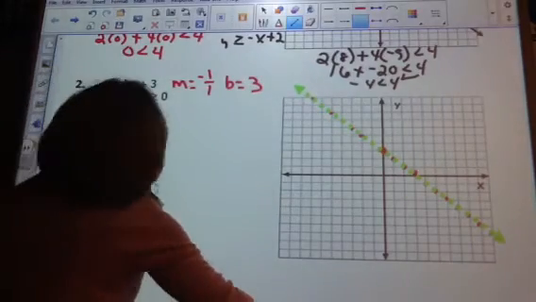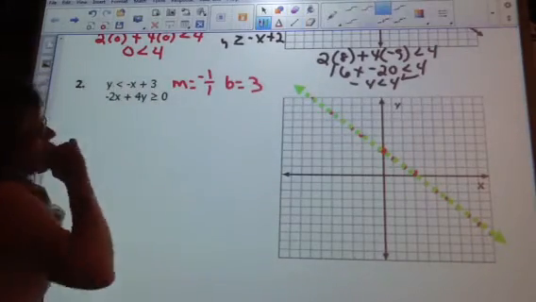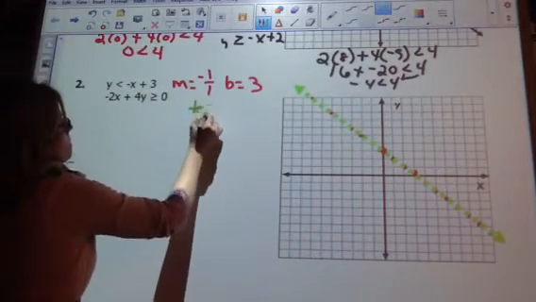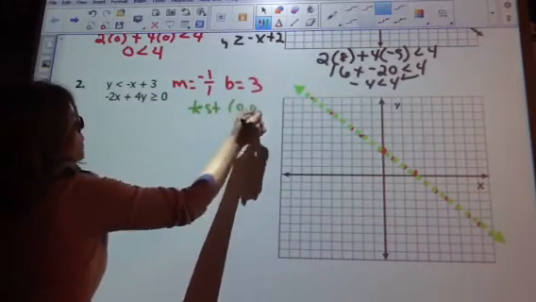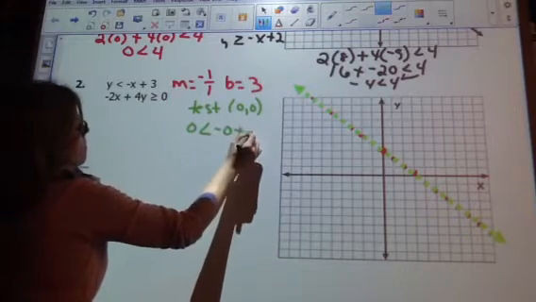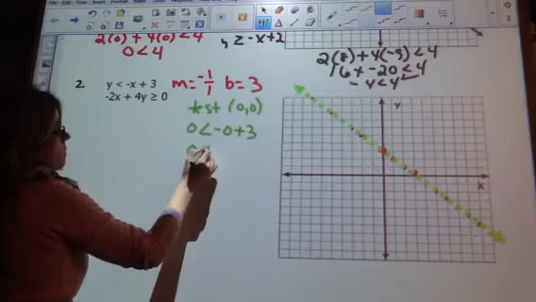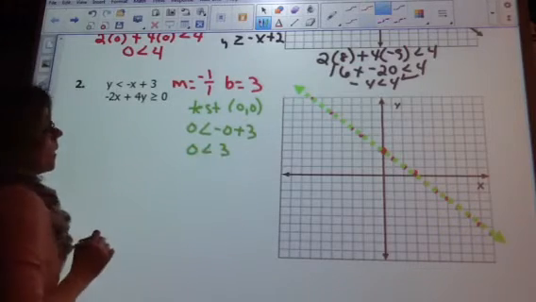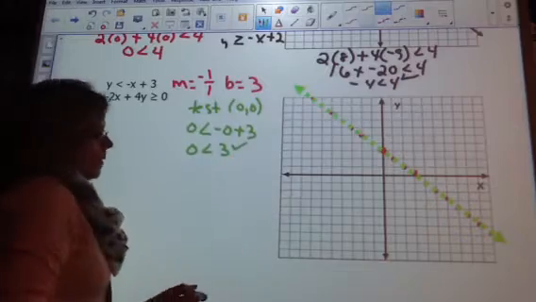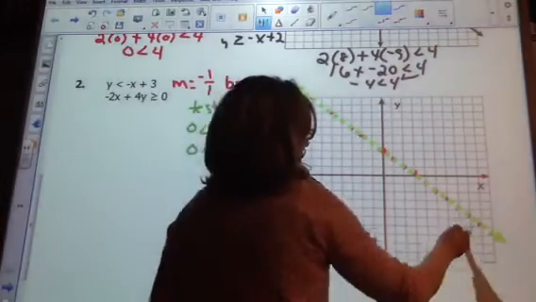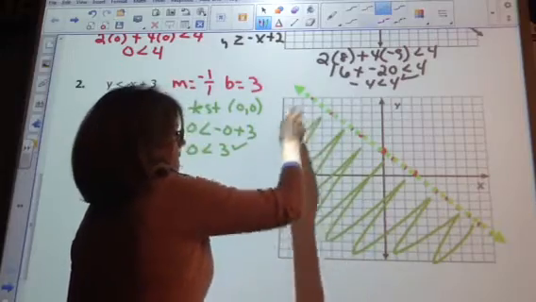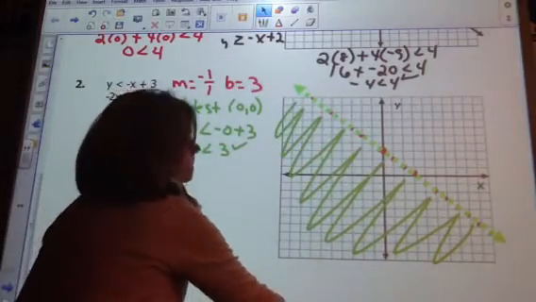All right, and I need to test, so let's test the origin here, in your first inequality. Is 0 less than 3? Check. So what that means is this is the solution side.